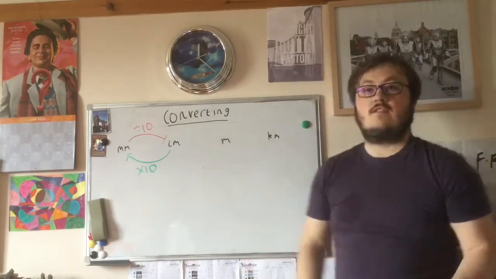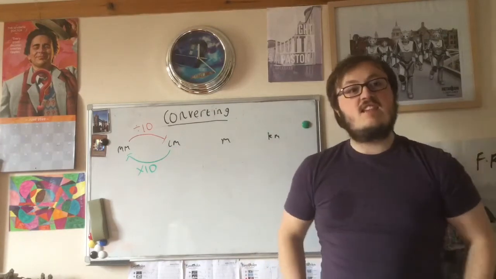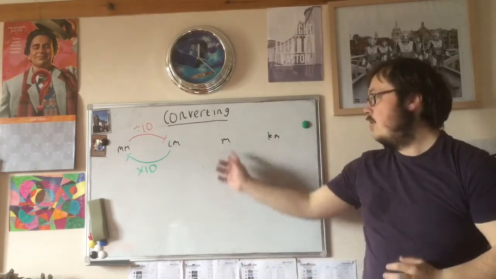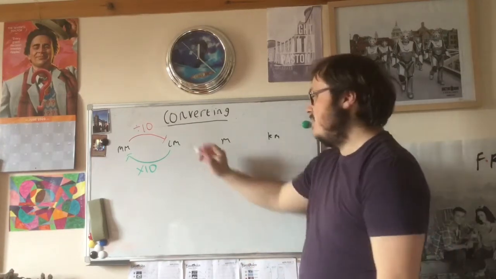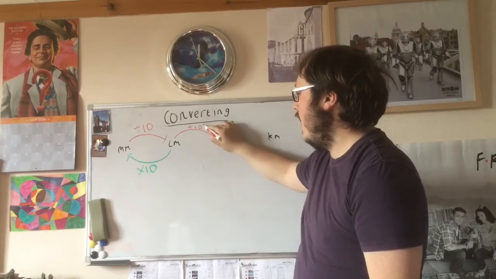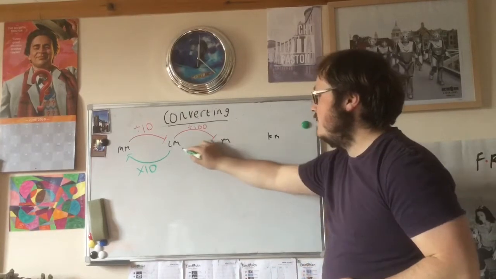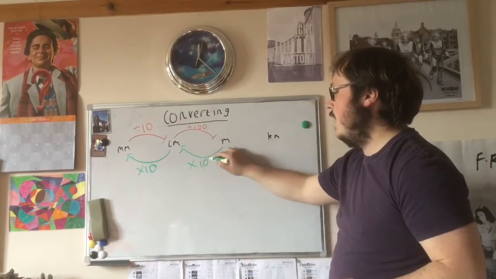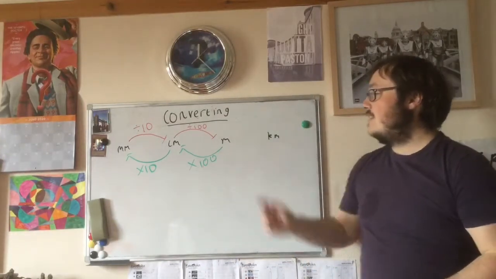So what about metres? Well, centimetres, the cent in centi means 1/100th of a metre. So if it's 100th of a metre, to go from centimetre to metre, you divide by 100. But if I want to go from metre to centimetre, you do the opposite, you multiply by 100. So what about metre to kilometre?